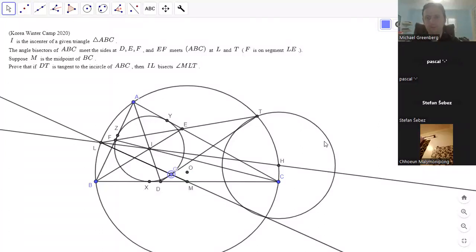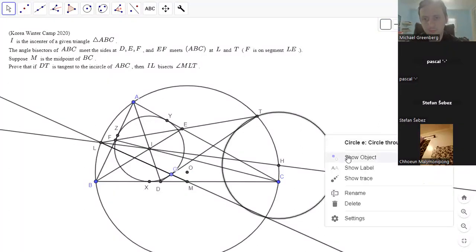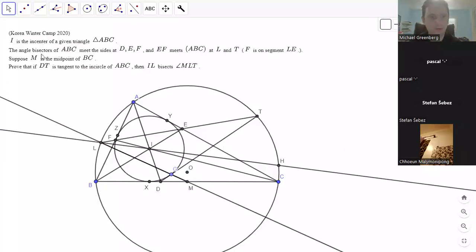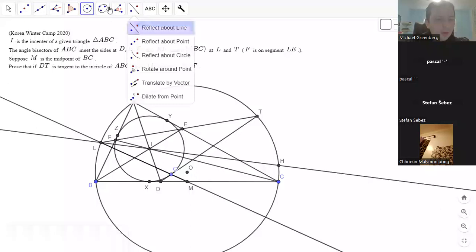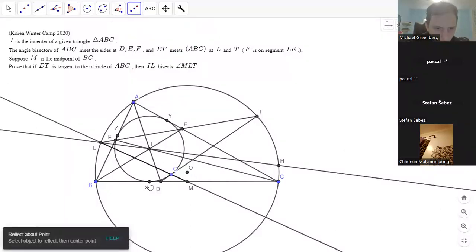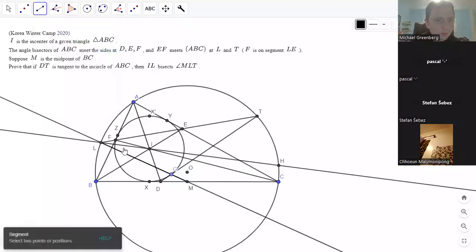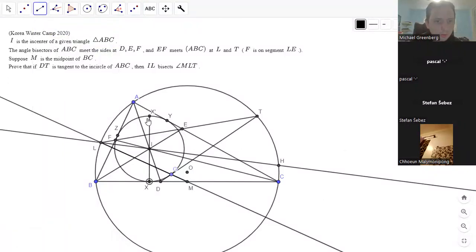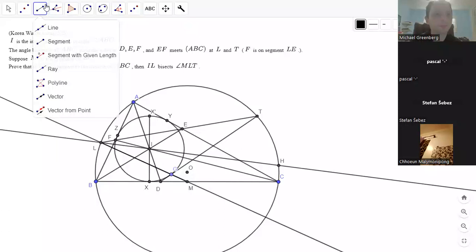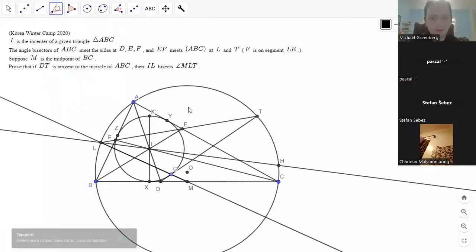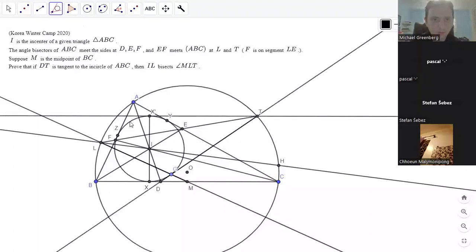Can you draw the diameter of I from X? Okay. Yeah, I just feel like TX prime is tangent. Yeah. I don't know if that's true. Let's see. It looks true.